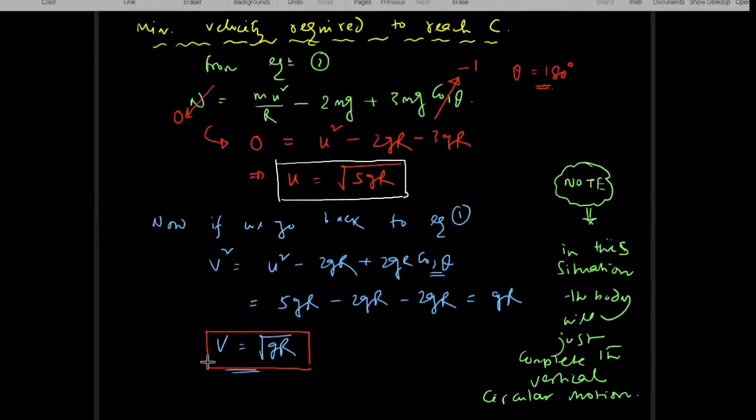सर अगर वो टॉप मोस्ट पॉइंट का वेलोसिटी √5 GR से थोड़ा भी कम होगा तो क्या होगा? नहीं होगा ना, फॉल बैक कर जाएगा, वो मैं बताऊंगा अभी, अभी रुको, दैट आई एम गोइंग टू डिस्कस द नेक्स्ट पॉइंट। ओके चलो, सो नेक्स्ट आई एम कमिंग टू केस 4। So case 4 is if u is greater than √5 GR. So if u is greater than √5 GR, then what will happen?